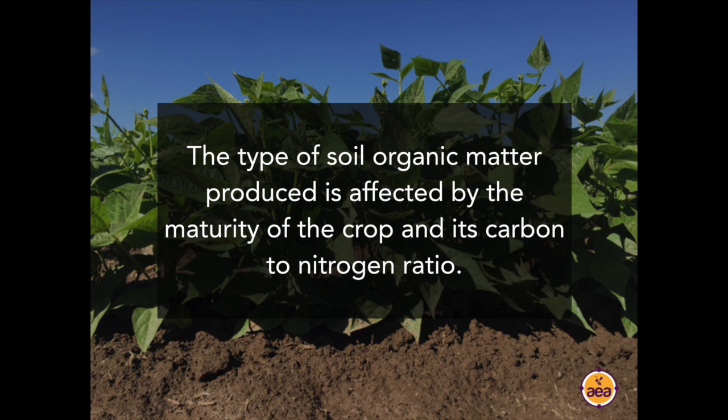Well, it also depends, David, on the stage at which you terminate and incorporate that crop. So we have to consider that as well. If we incorporate a crop, I would even suggest that that is the primary determination of the effect that you'll have on the following crop.